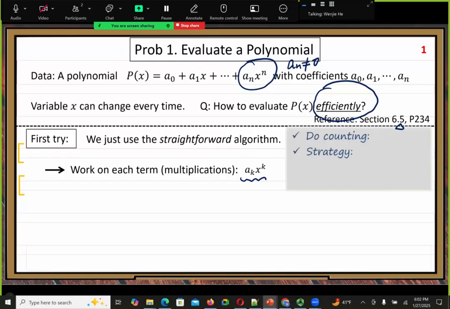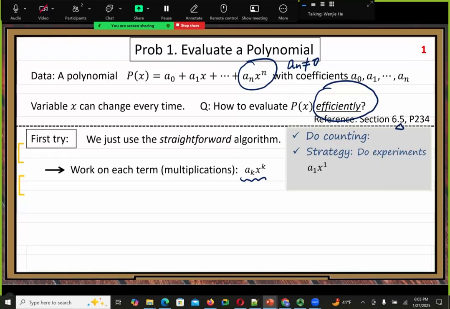When you do the counting, we apply a very simple strategy. That is, we do experiments. First, when k equals 1, how many multiplications do you need?